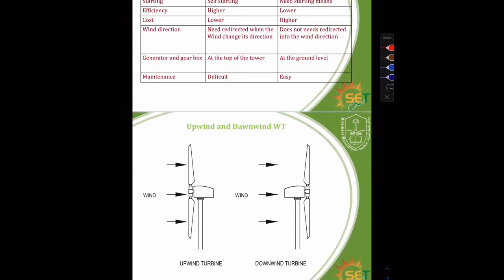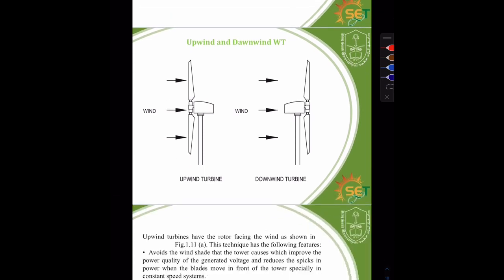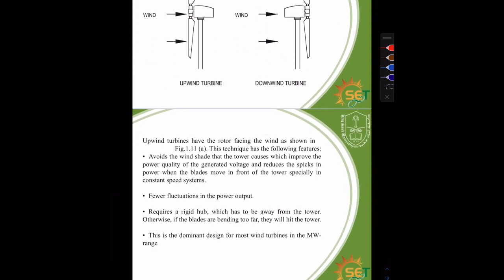Upwind and downwind. In upwind, the wind is facing the front of the turbine, but downwind is facing the back of the turbine. Upwind turbines have the rotor facing the wind as shown.